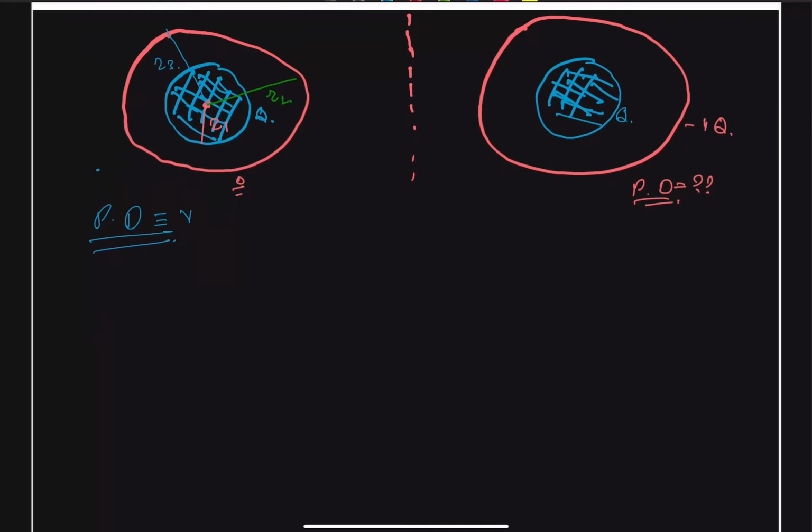We have a solid sphere whose radius is R1, and a hollow shell, and please remember that it is a conducting hollow shell.